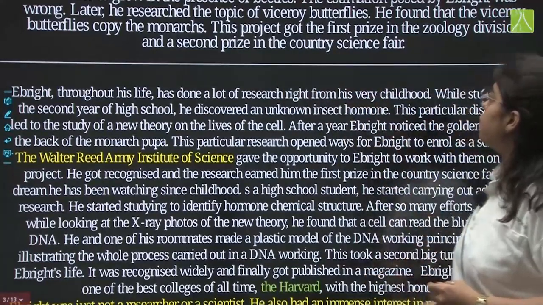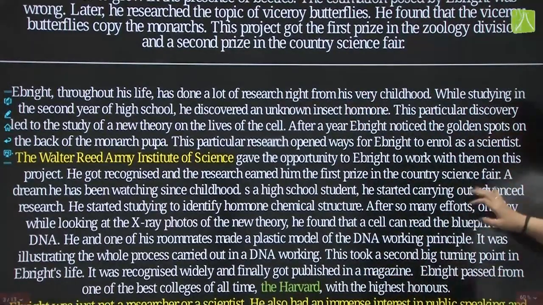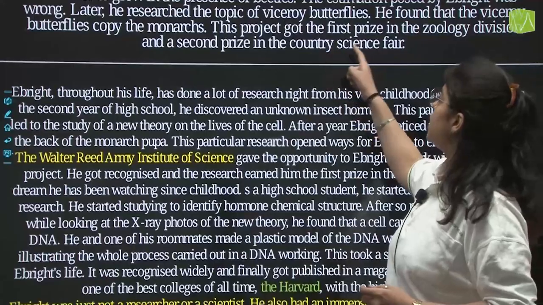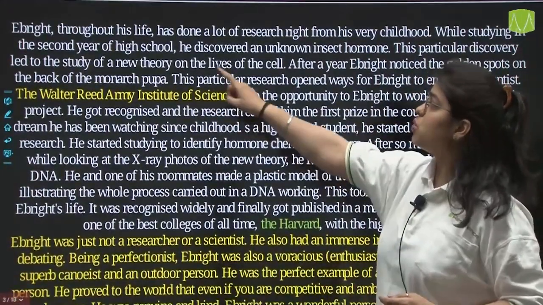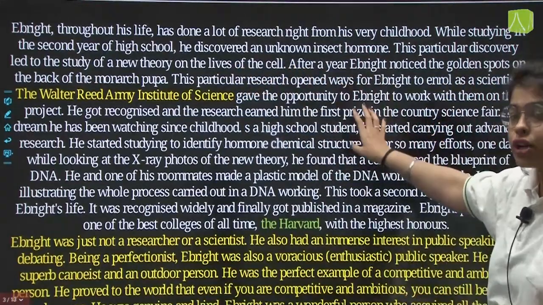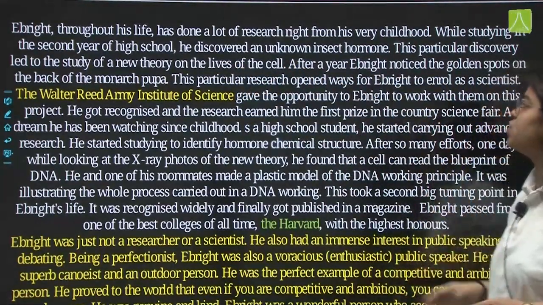This project got the first prize in the zoology division and the second prize in the country science fair. From here, Ebright did a lot of research throughout his life, right from childhood.